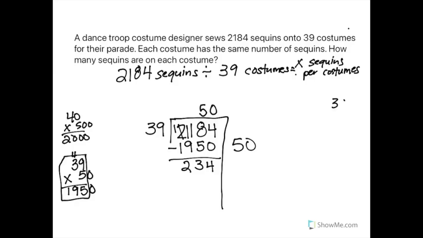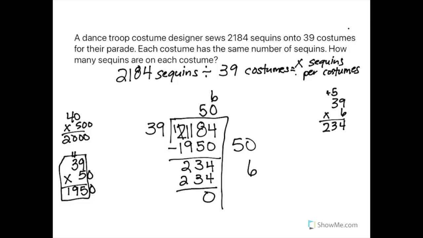So I know that 39 times 5 was 195. What if I tried 39 times 6? What would that get me? Well, if I do 9 times 6, that's 54. Carry the 5. 6 times 3 is 18. Plus 5, 19, 20, 21, 22, 23. That gets me 234. So I can either write the 6 here or off to the side, whatever you prefer.